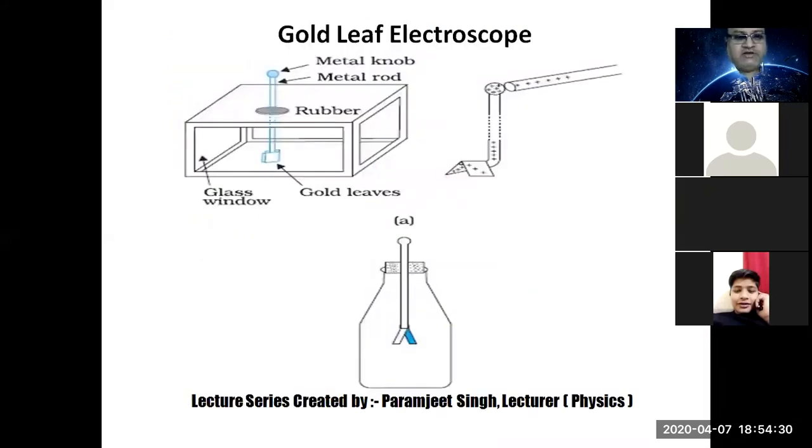Now the gold leaf electroscope. This is a device used to detect the presence of charge on any body. You can make it at home.